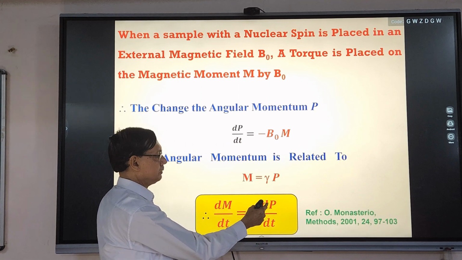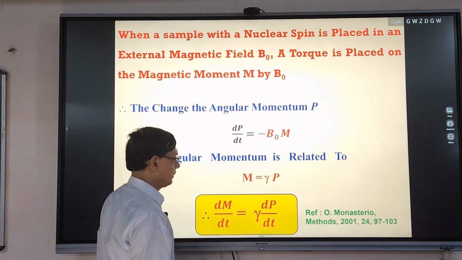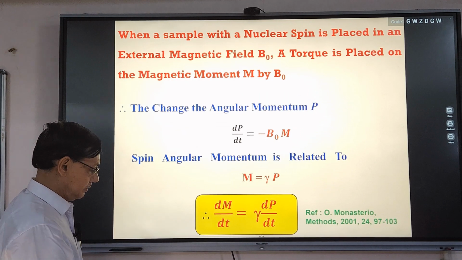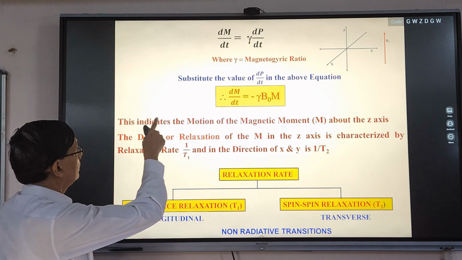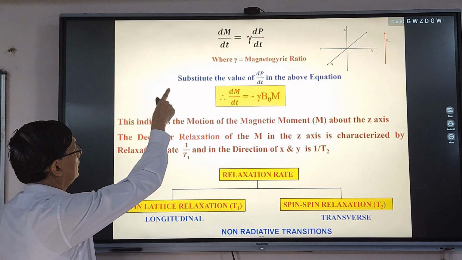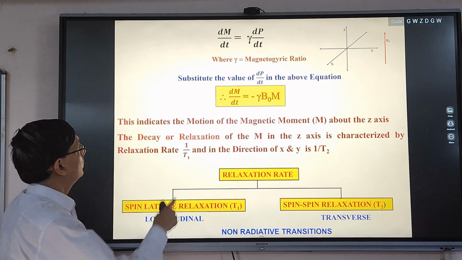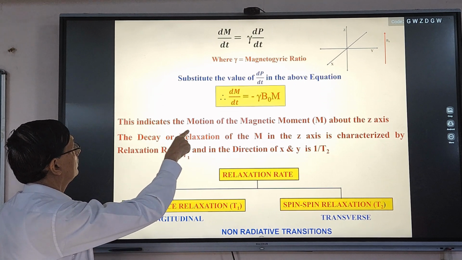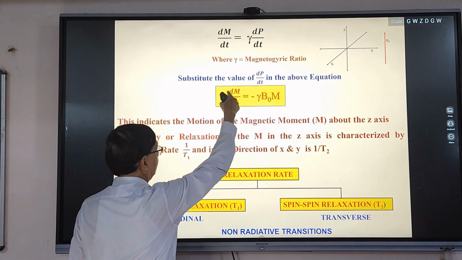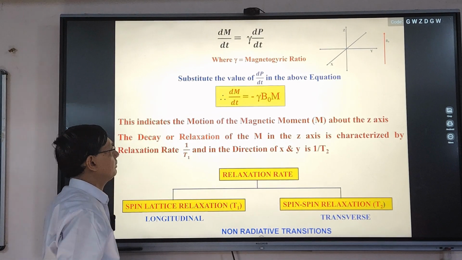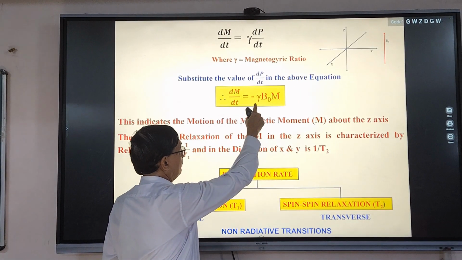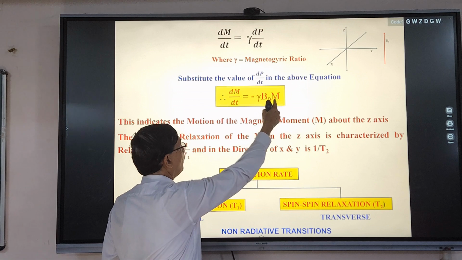Now you substitute the value of dP/dt in the above equation, because that is our equation. So we get the final result: the rate of change of magnetization with respect to time is equal to gyromagnetic ratio, B0 and M.